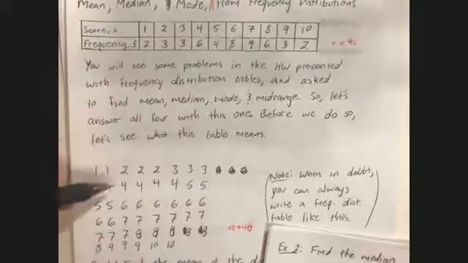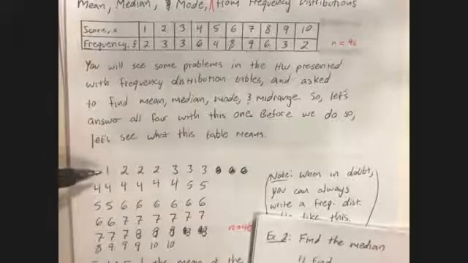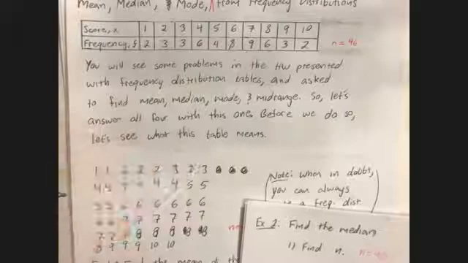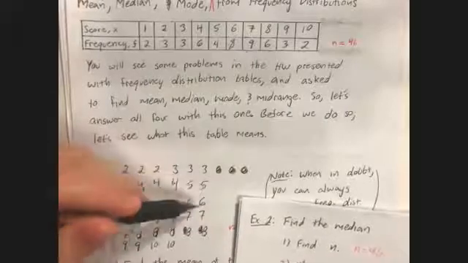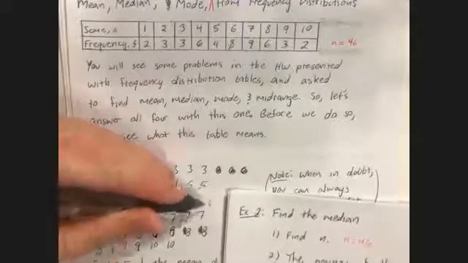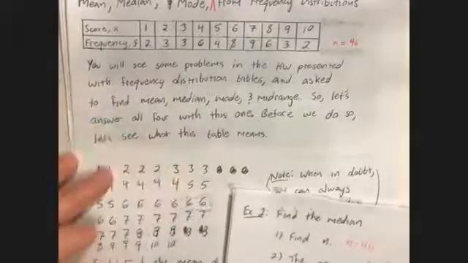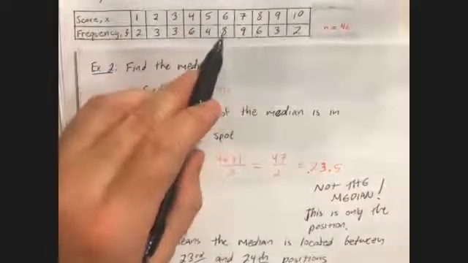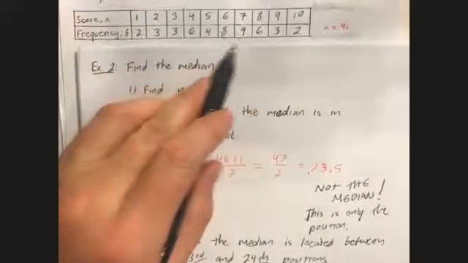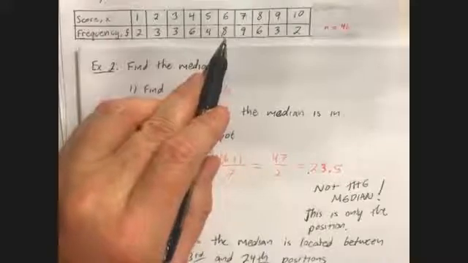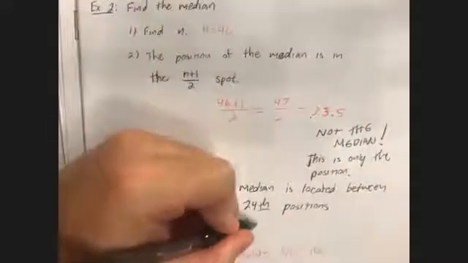Okay. Let's see. Okay, so that means our median is between here. When I was looking at this, it jumped over here, but it's a frequency of 8 for 6. So the median is 6.